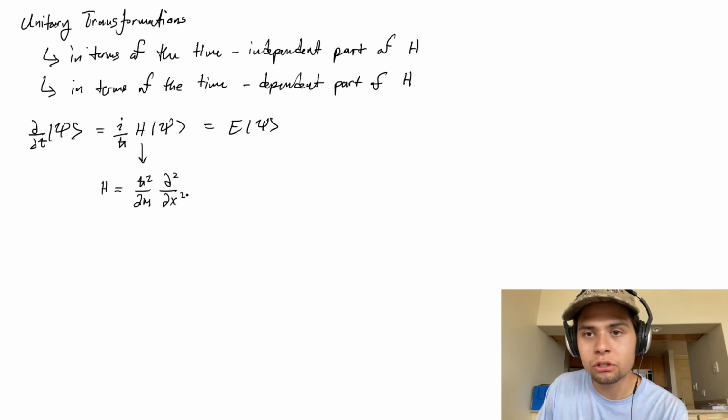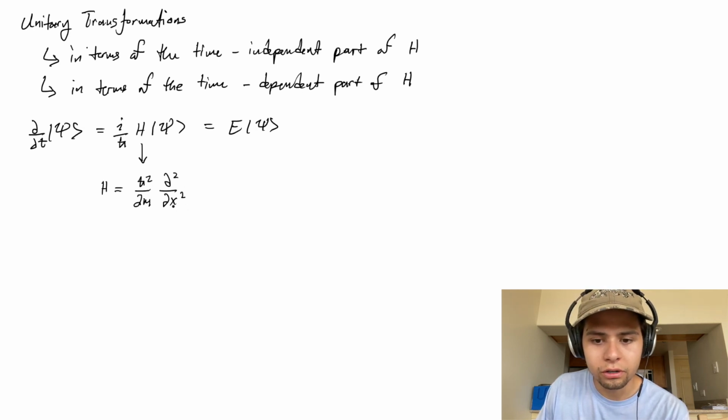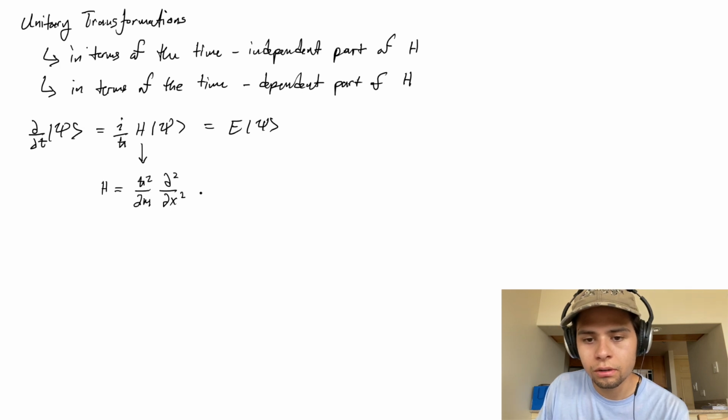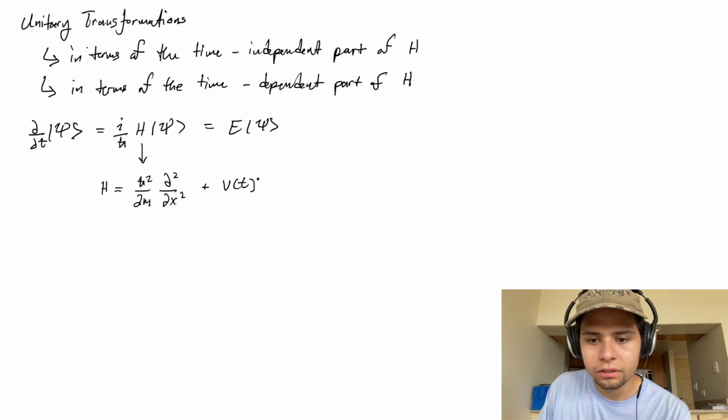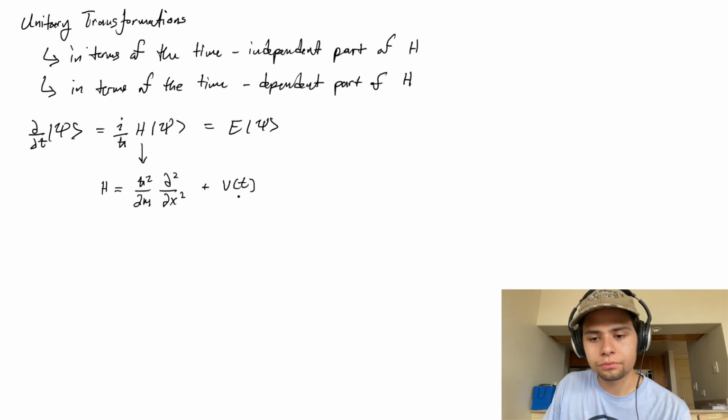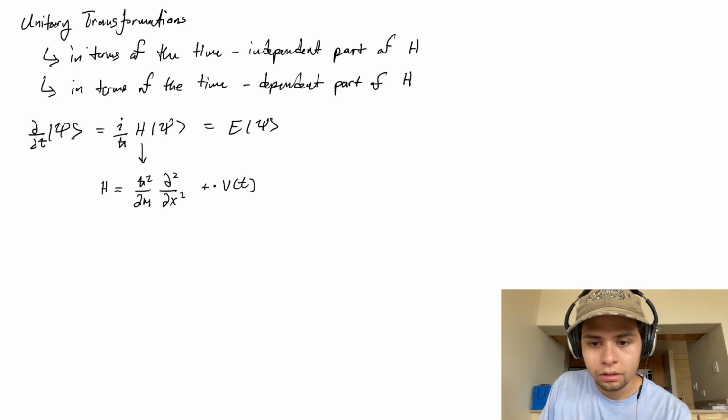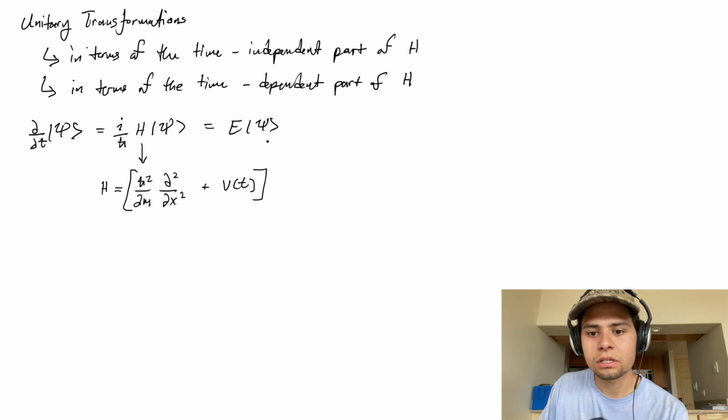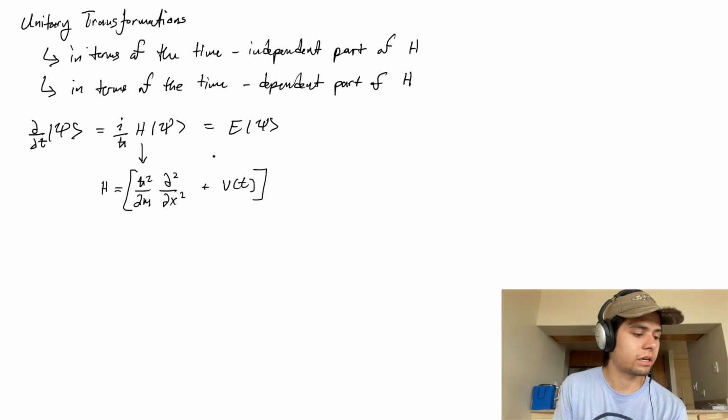We have a spatial operator in terms of x, and this is just a constant. And then we have this plus V of t. This is the potential part, or the part that is time dependent. This whole thing here is an operator, and it acts on psi, and we get an energy out of psi.